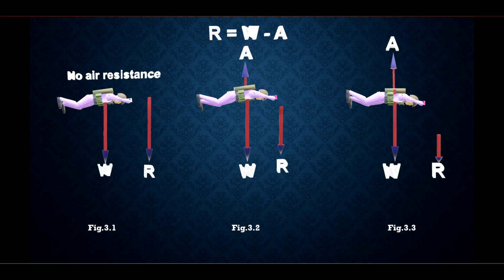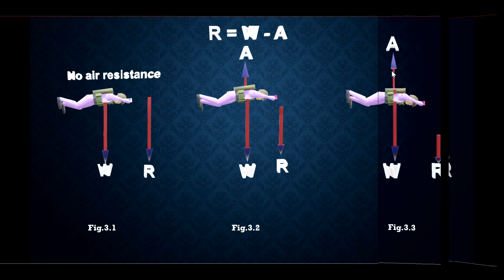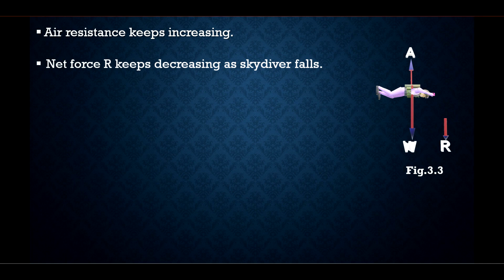Looking at all the three diagrams, we observe that air resistance has been increasing. It was 0 in figure 3.1 and started increasing as the skydiver's speed increased. We can see that air resistance is smaller in figure 3.2 than in figure 3.3. Because weight is constant, while air resistance keeps increasing, the net force R keeps decreasing as the skydiver falls.